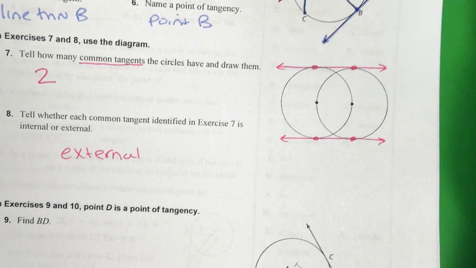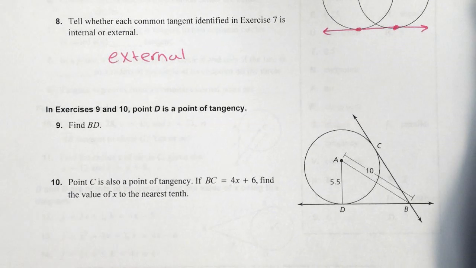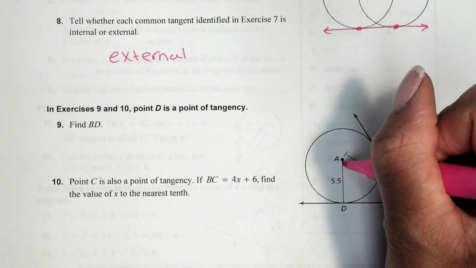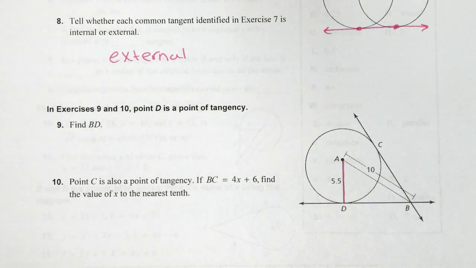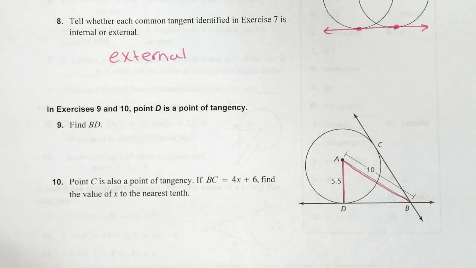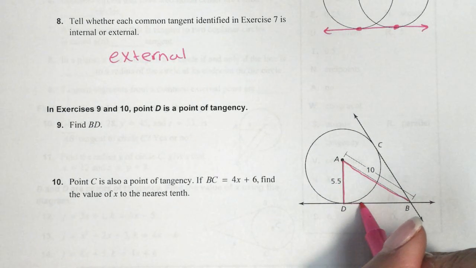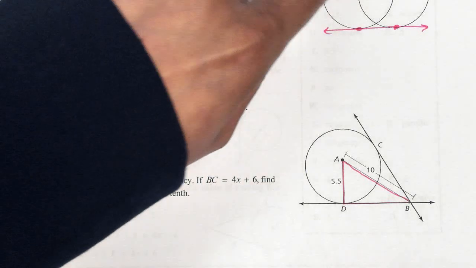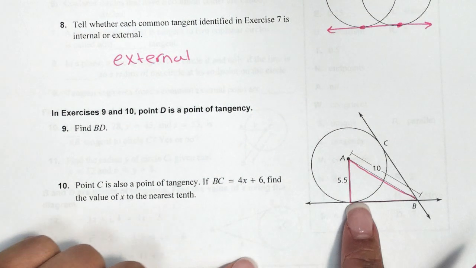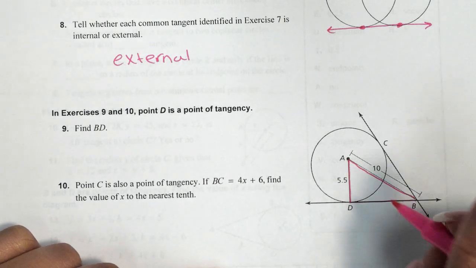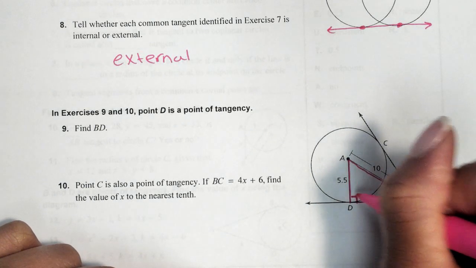Moving on to number 9, I have to find BD. So to find BD, I have AD, which looks very much like the radius, and I have AB here, and last but not least, I have DB. Now notice in every little diagram that we have, anytime we have the radius touching the edge and we have a tangent line, it normally creates a right angle.